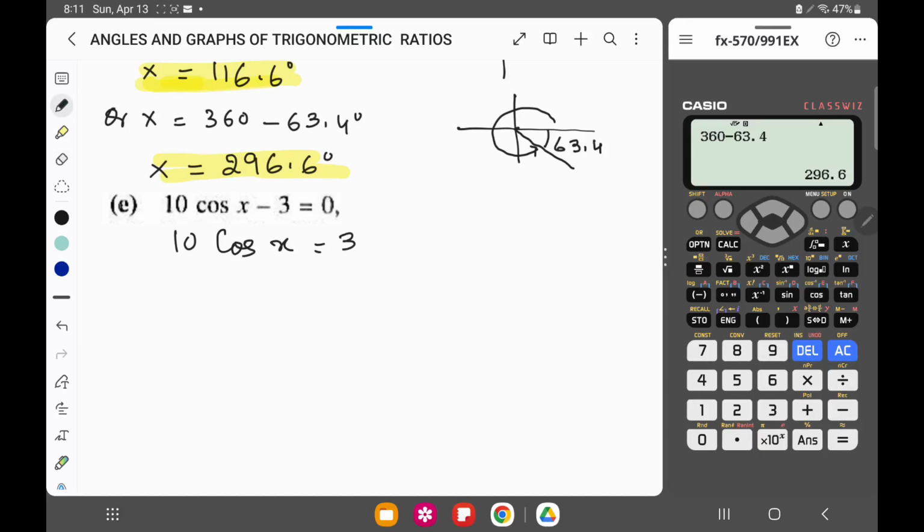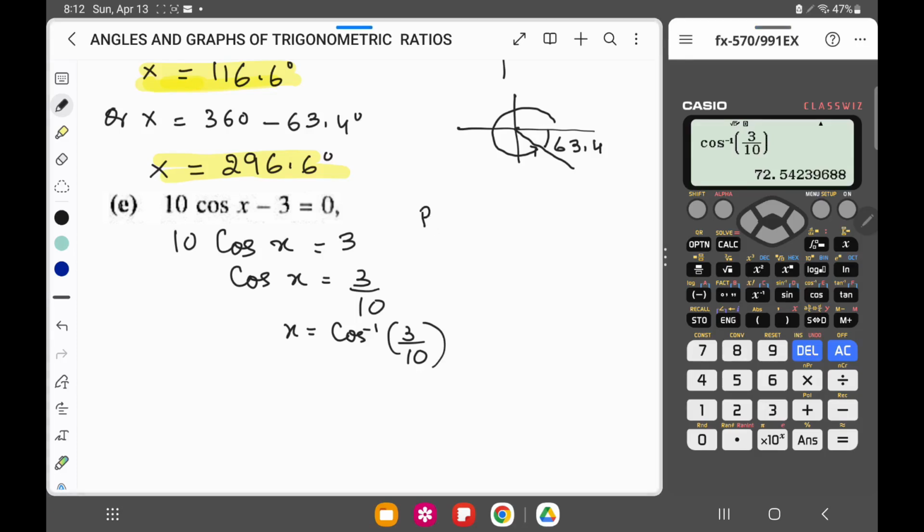It was negative, it will become positive. cos x is equal to 3 over 10, and x is equal to cos inverse 3 over 10, and cos is positive, remember. Shift cos inverse 3 over 10, close the bracket, equals 72.5 degrees. So your basic angle is 72.5 degrees.